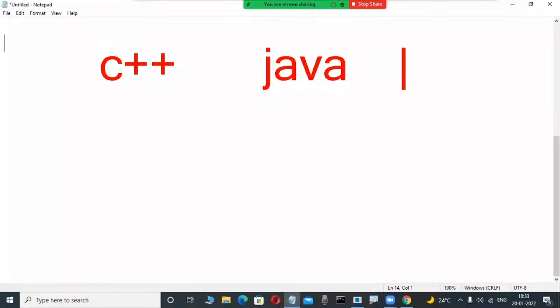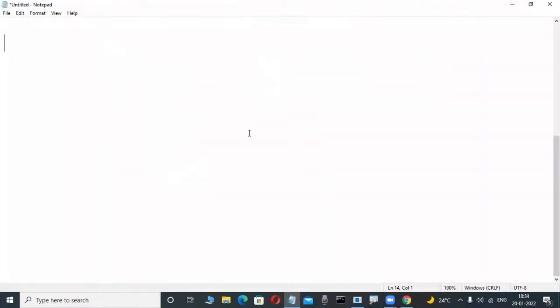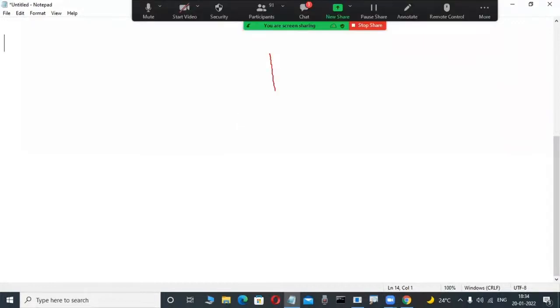C# .NET is an object-oriented language. VC++ is an object-oriented language. Suppose I take two languages as an example, where the same concepts exist, and now through similar concepts we observe whether these SQLs are different or the same.